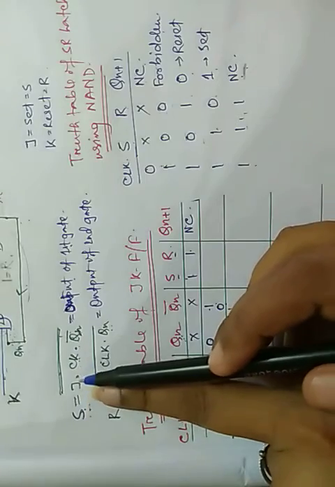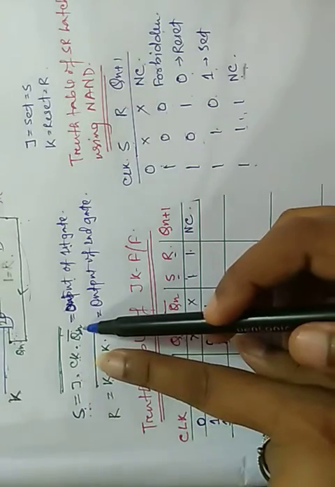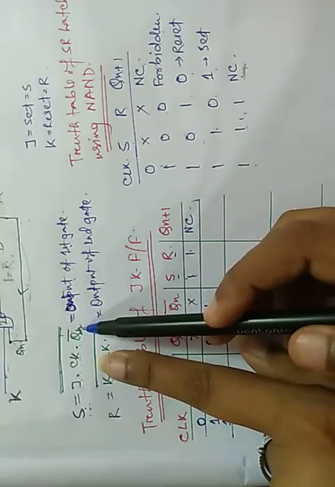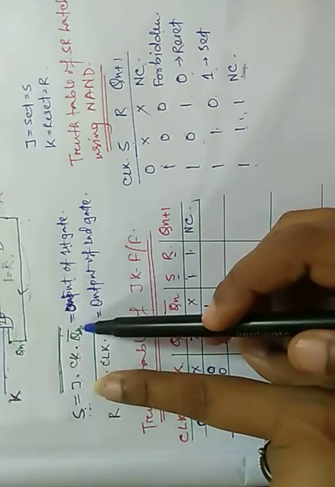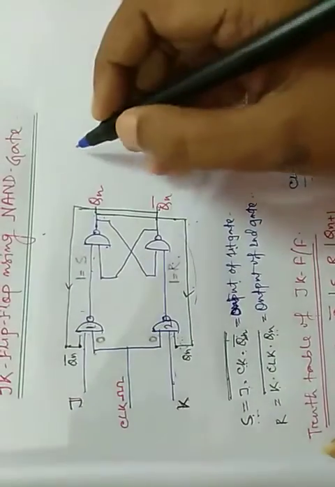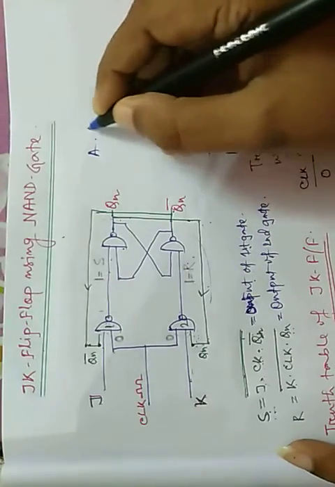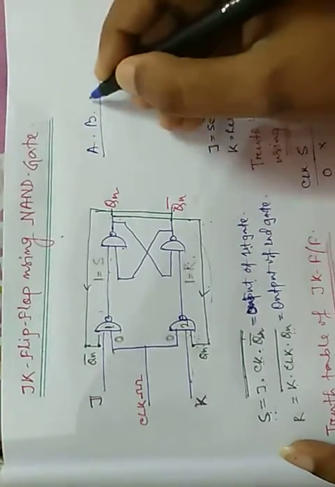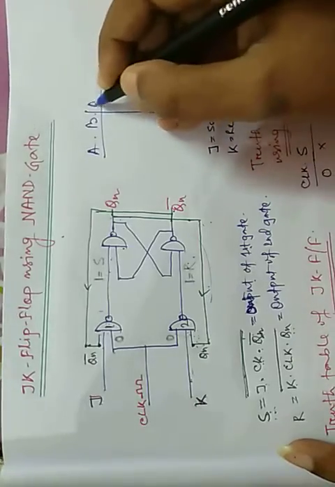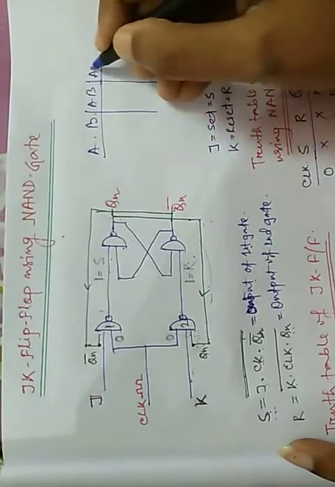If all the inputs are 1, then only the output is 0. This is our NAND operation. Hope you all know the NAND gate operation. NAND means A dot B. At first it's an AND operation, then it's a NAND operation.